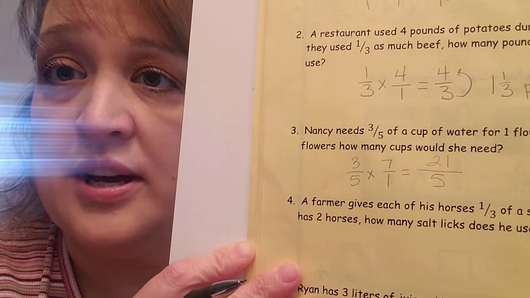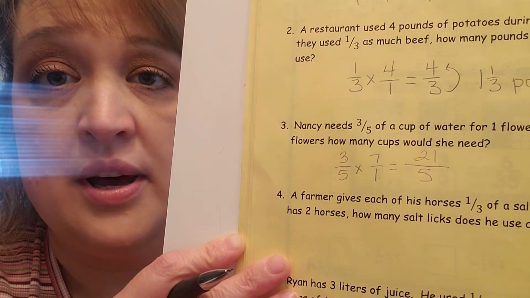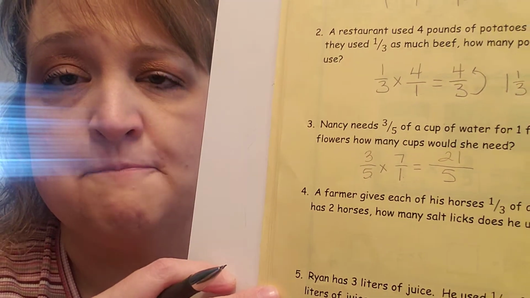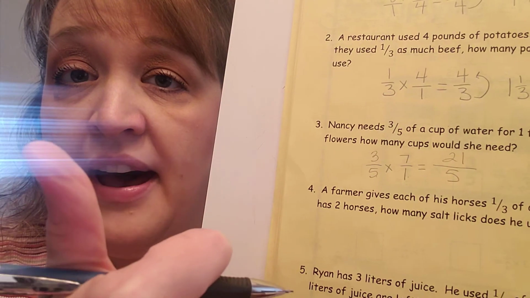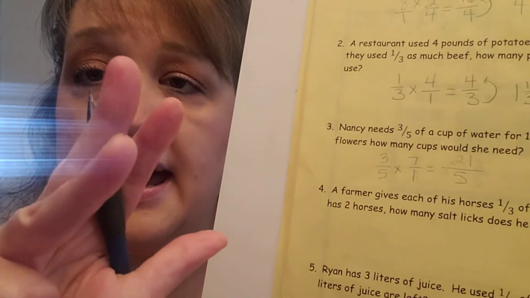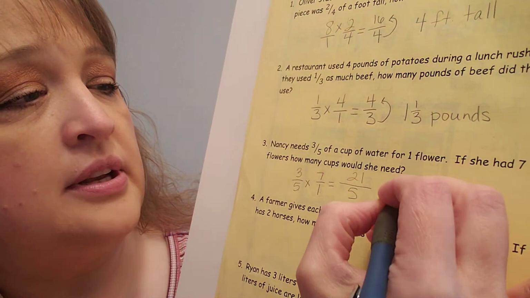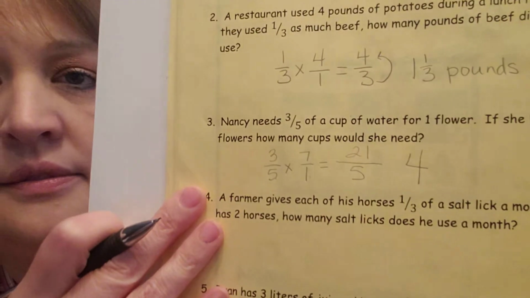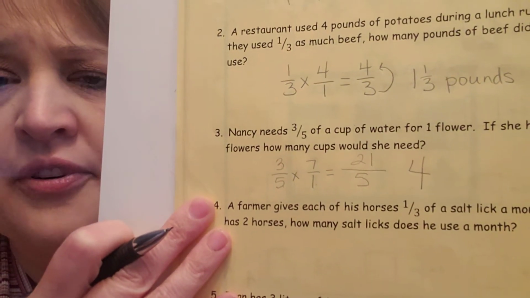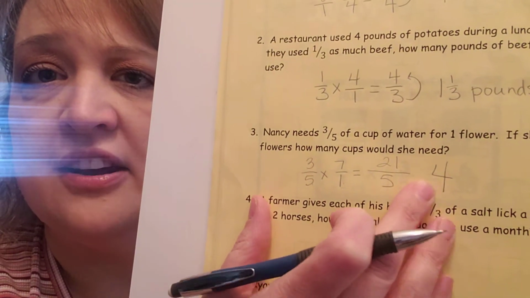So the next question I ask is, how many fives are in 21, even if there's some left over? So I'm going to count 5, 10, 15, 20, and I counted 4 times. So I'm going to put a big 4. Now, how many are left over? When I counted 4 times, I landed on 20.